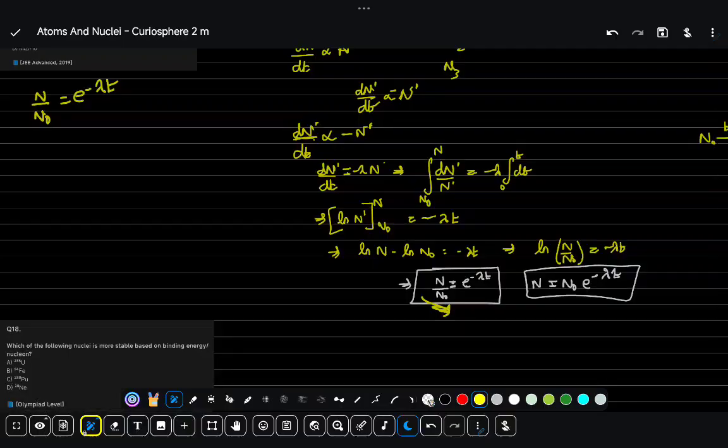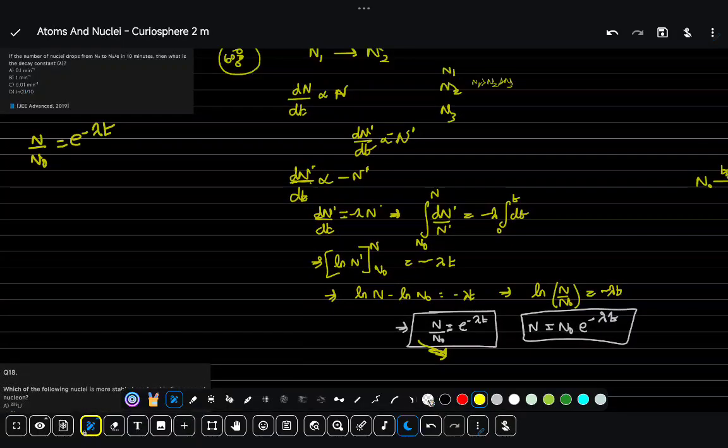Now see, initially it was n naught, and currently the value of n is n naught by e. So n naught by e over n naught equals e power minus lambda, what is t? 10 minutes. Keep it as 10 minutes, no need to change it into seconds, because the options are also in minutes only.